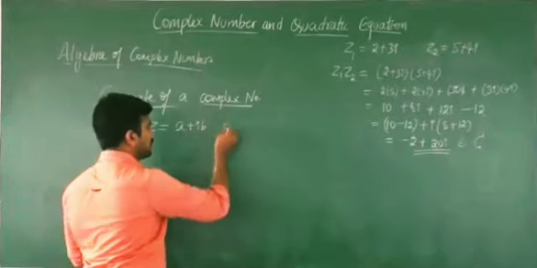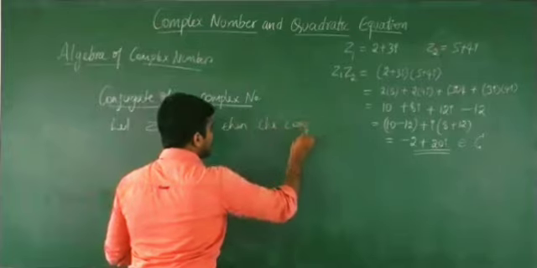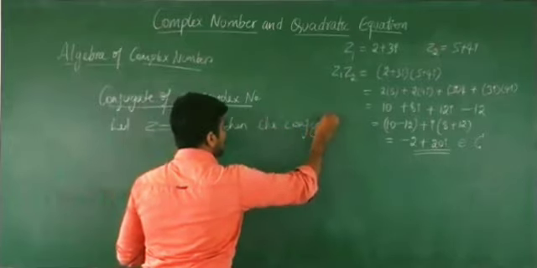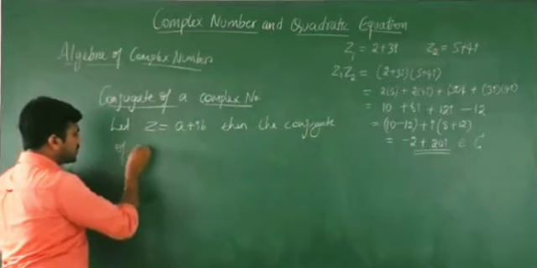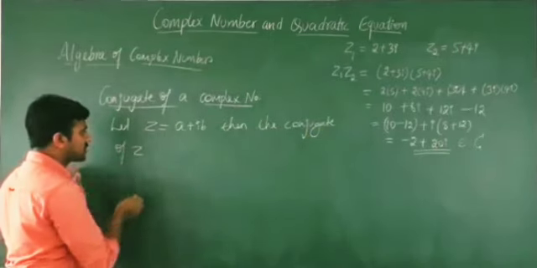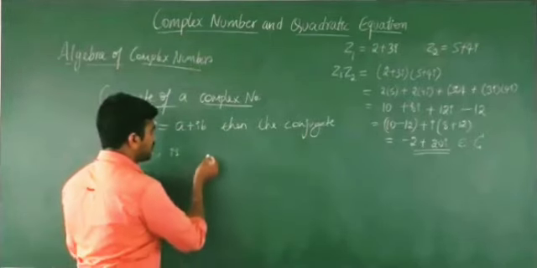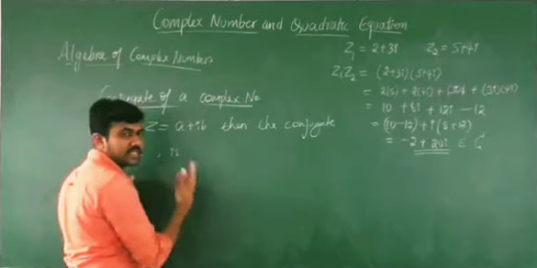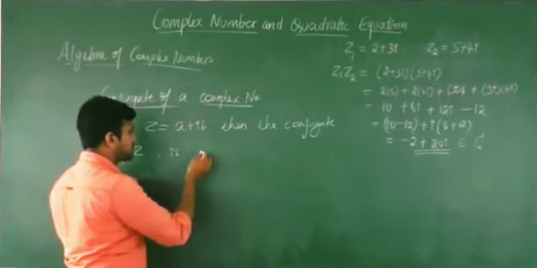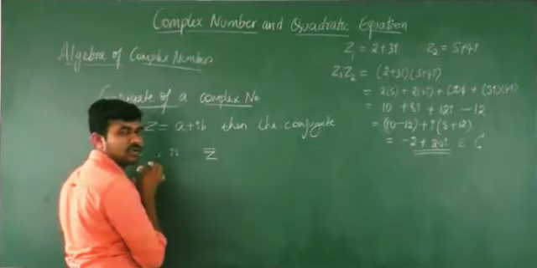Then the conjugate of z, the conjugate of this complex number, is obtained by replacing the sign or reversing the sign. That I can write as z bar. It is the conjugate.